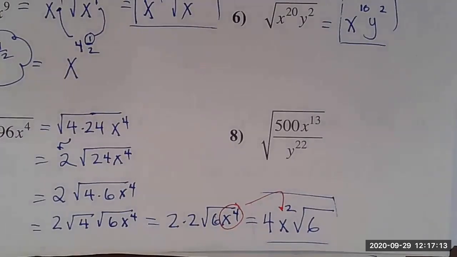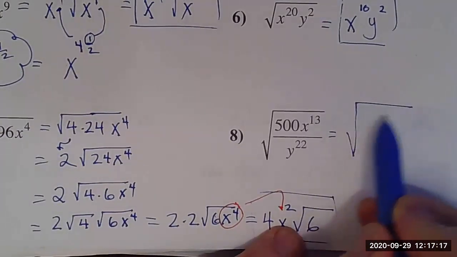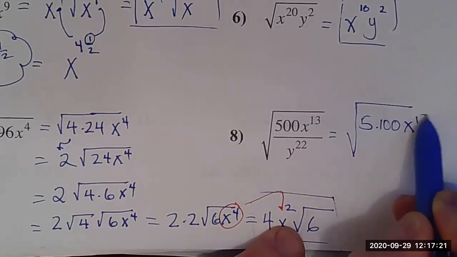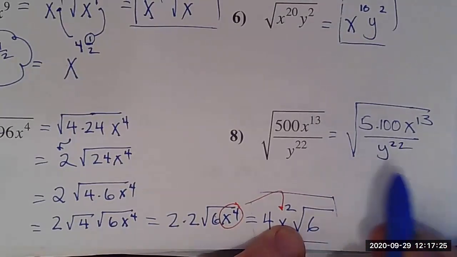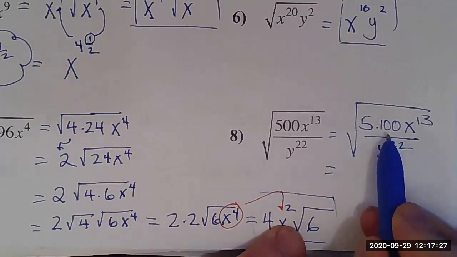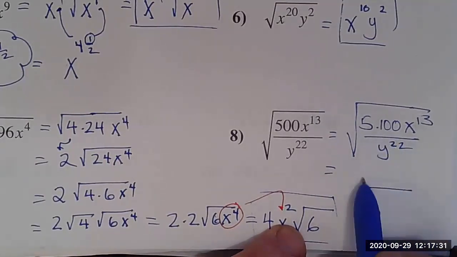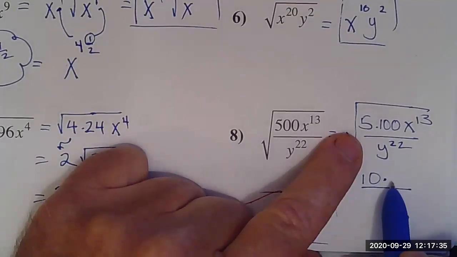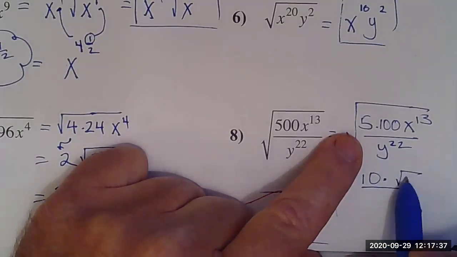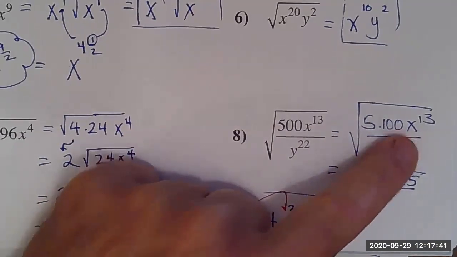Okay, and the last problem on this page looks like I get to bust this up into the square root of 5 times 100, x to the 13th over y to the 22nd. So this is going to be a fraction. The square root of 100 is 10. There's still a root 5. Okay, there's a little 2 right here.